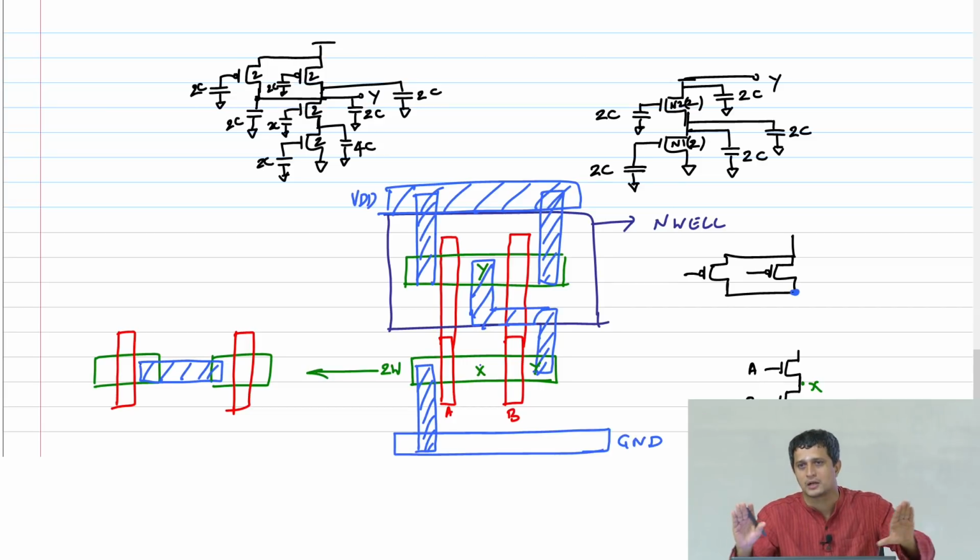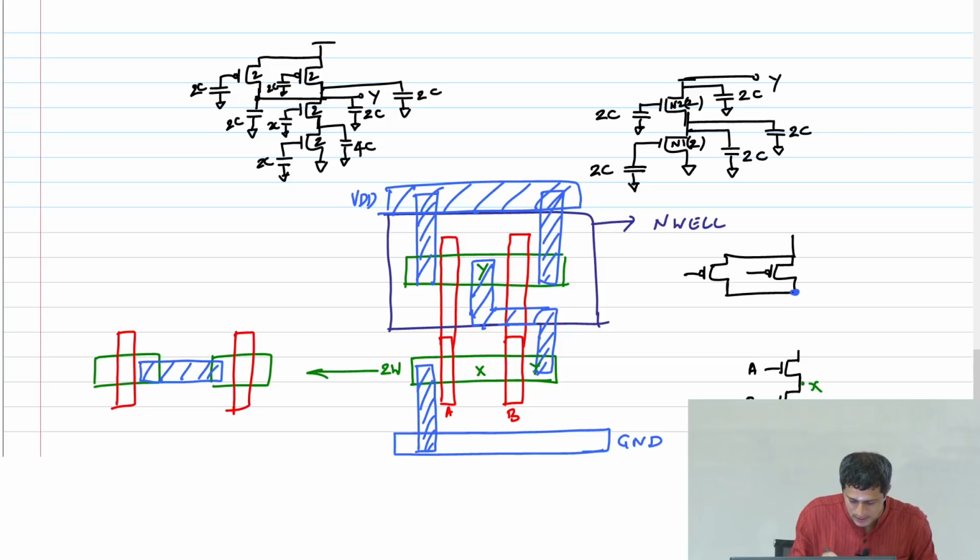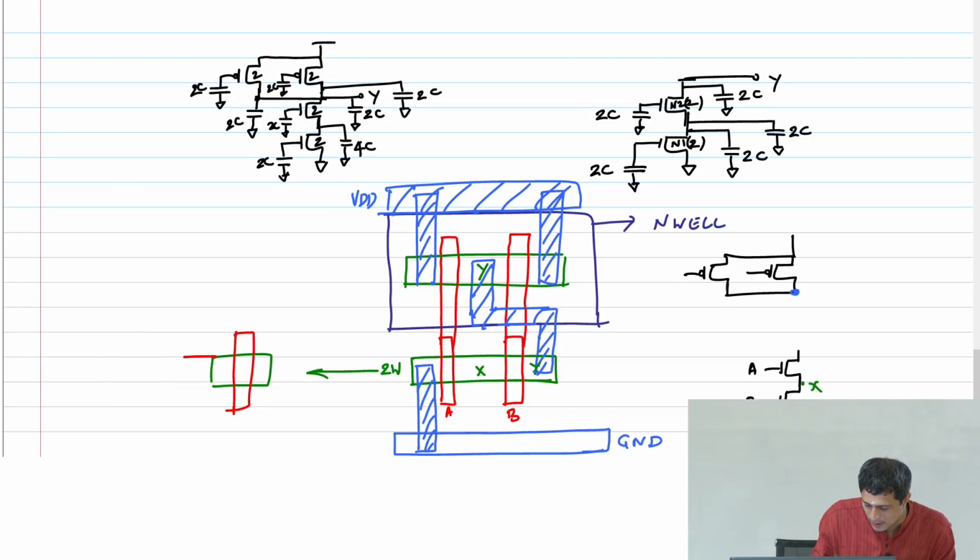I can pull the transistors very, very close. Therefore, I can simply remove this whole metal thing and move the transistor as close as I can and draw my gate.